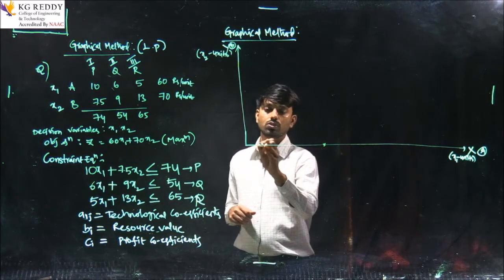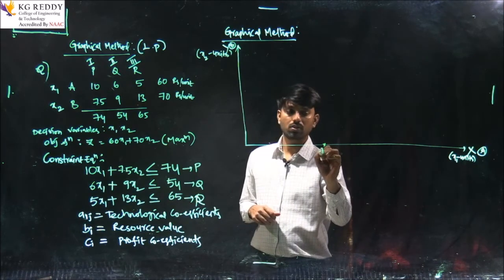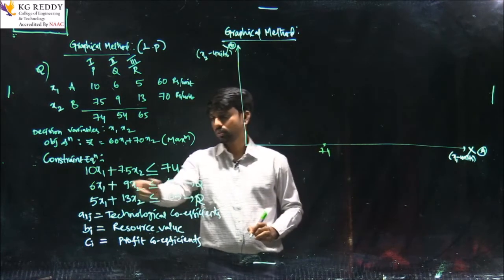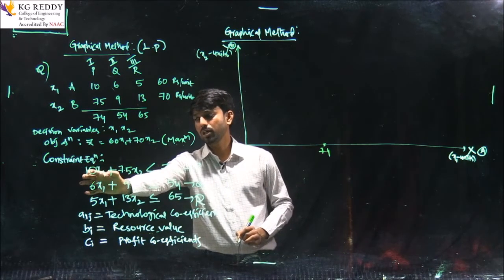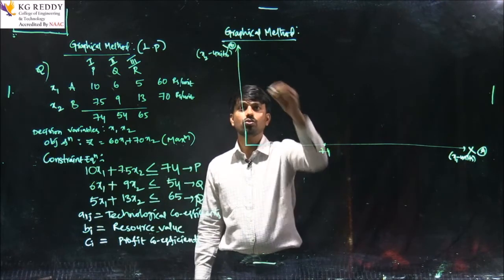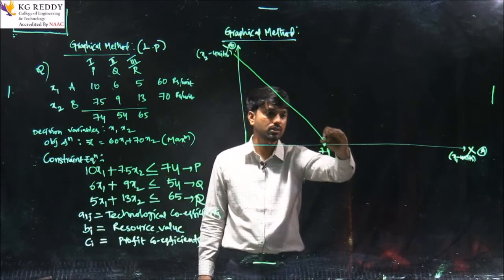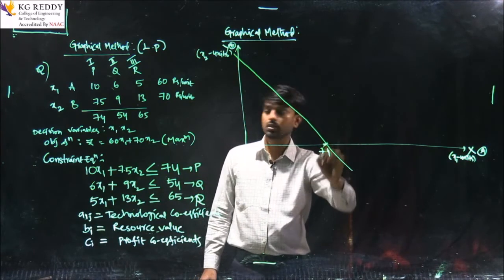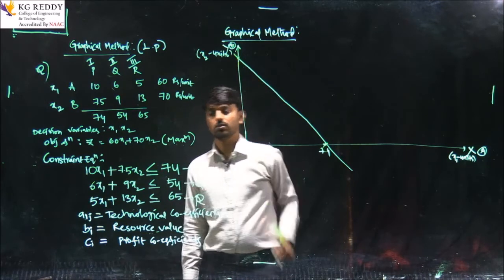You can take 1 unit, 2 units, 3, 4, 5. Here, if you take the right-hand side value to the other side, it becomes x1 by 7.4. So 7.4 is the x-intercept. Similarly, you will get an intercept here as well.